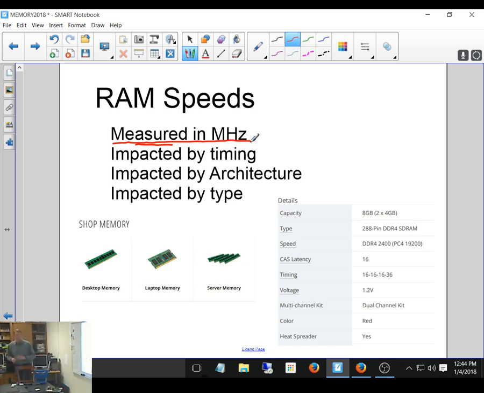Just like with CPUs, you couldn't say this one's 3.2 gigahertz and this one's 4 gigahertz, so 4 is faster, because we have to take into account the cache and the number of cores. The same speed of RAM could be totally different or slightly different, so we've got other things besides just that core speed. When we look at DDR4 2400, that's saying it's 2400 megahertz RAM.